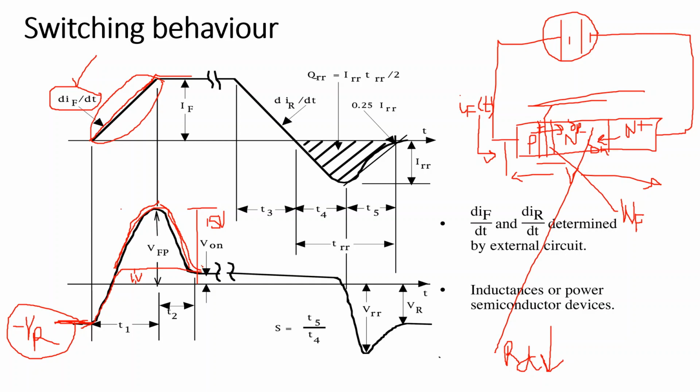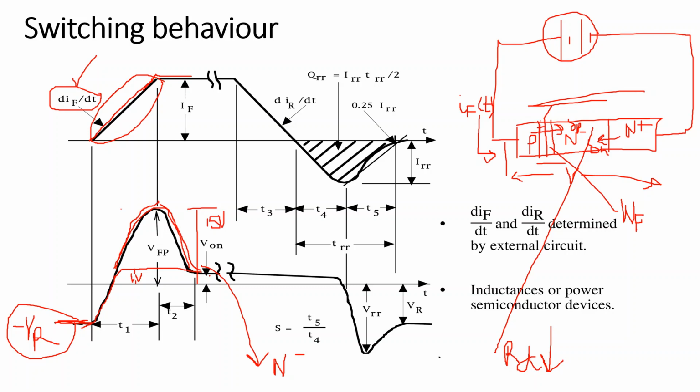So this is the point where IF is of course constant, but the n minus region is completely filled with holes and electrons, and conductivity modulation is complete, so we get low voltage here. So I hope you get the point.